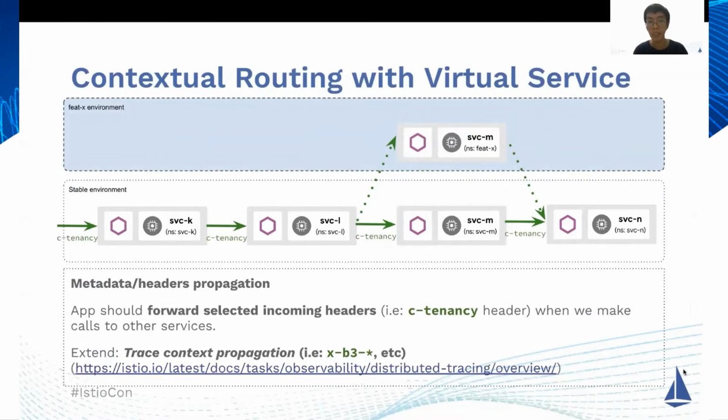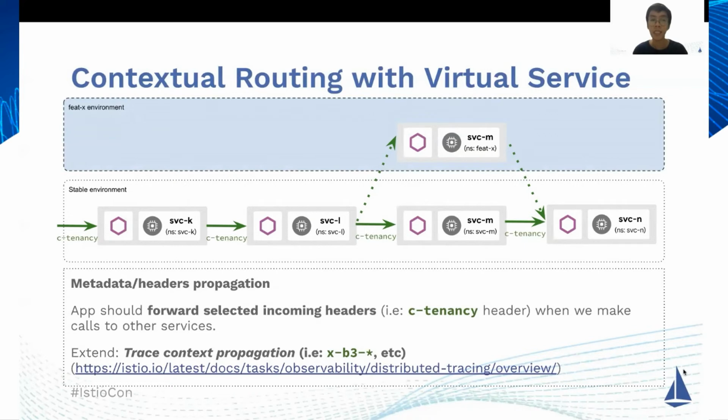So to help us propagate the header from start till end, we introduce a metadata or header propagation library where the app can capture some incoming headers, including the C tenancy header here, and then put them in the outgoing context whenever we want to make a call to another service.